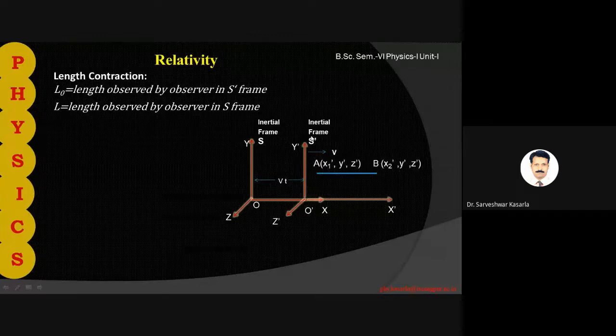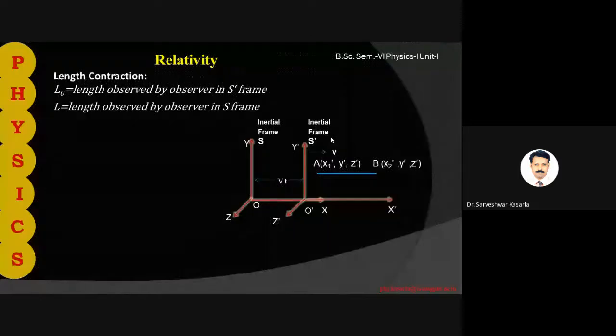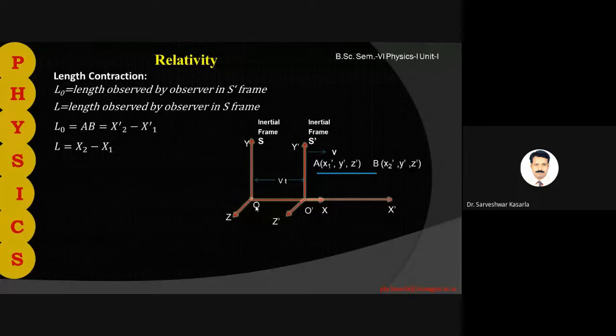So let us find the length L observed by the observer O by using the Lorentz transformation equations. L is equal to x2 minus x1, where x1 and x2 are the x coordinates of A and B measured by the observer in frame S, which is stationary.